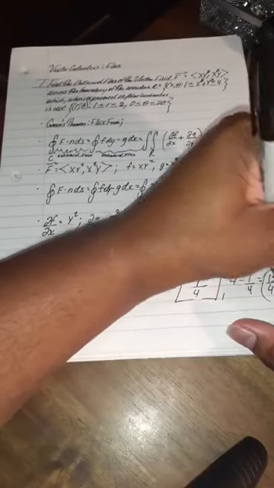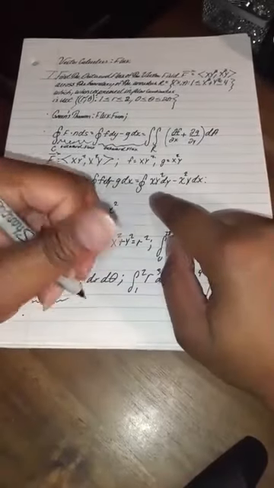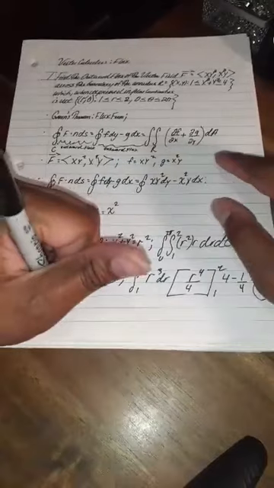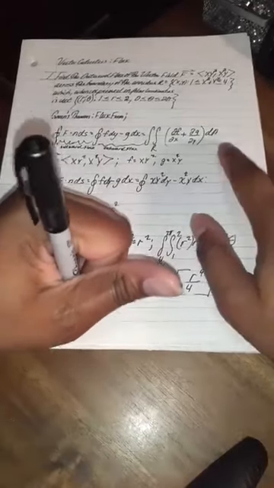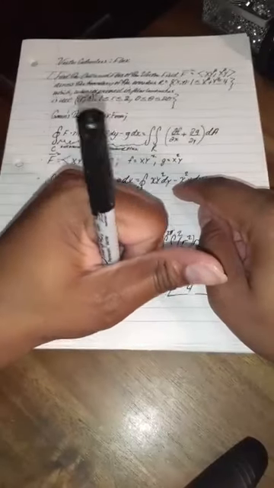We then take this 15 over 4 and integrate that with respect to theta, because we're integrating a constant basically. So this will be from 0 to 2 pi, and then we'll have 15 over 4. This is super easy because we're just integrating a constant. Obviously, integrating with respect to theta, this would be 15 over 4 multiplied by theta, evaluated from 0 to 2 pi.